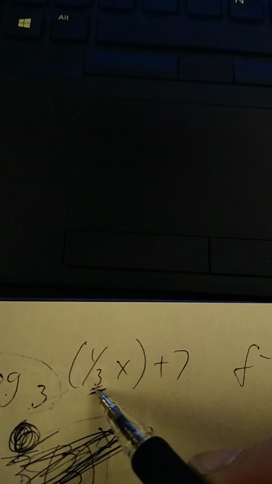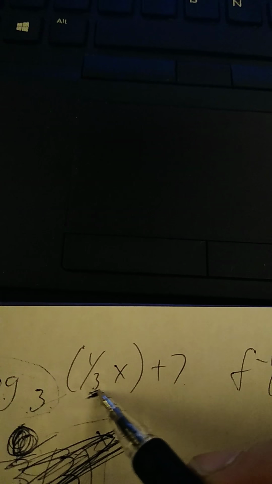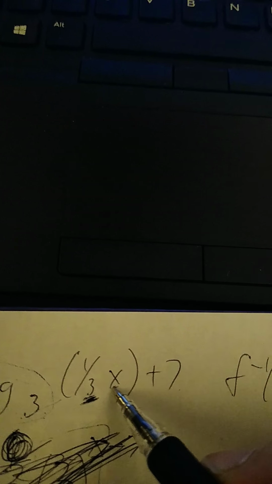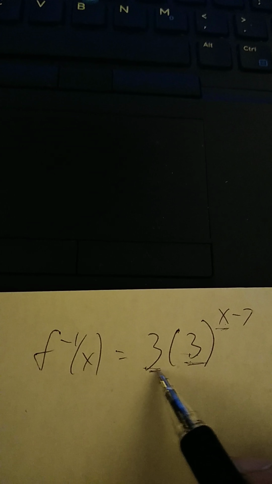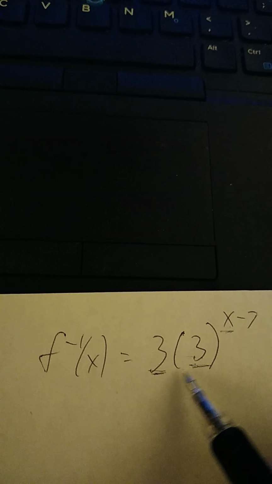Now, inside the parentheses of the logarithm is a 1/3. So that means I'm dividing by 3 inside with x, so we're going to multiply by 3 on the outside. Outside means out in front of the exponential.